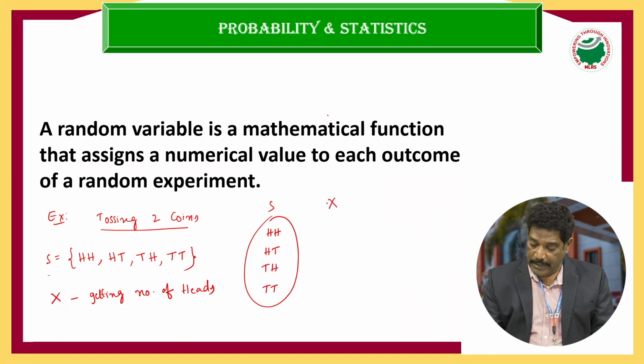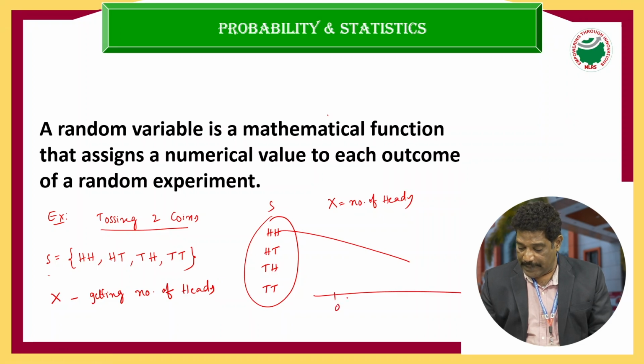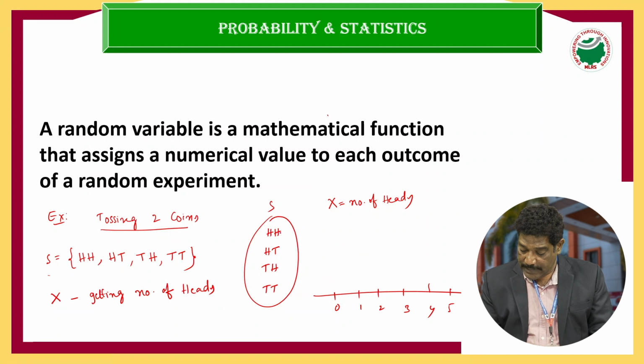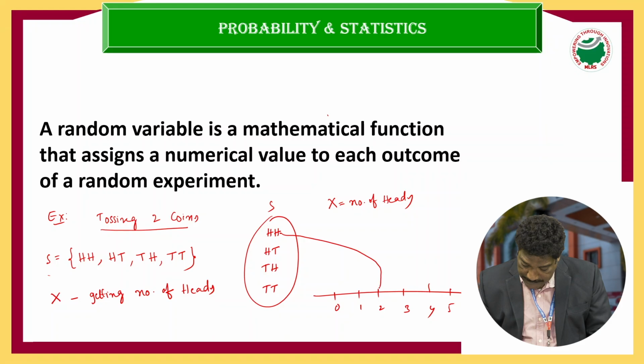So what is our random variable? X. What is X? Number of heads, right? In the event HH, how many heads are there? Two heads. So this maps to some number like 0, 1, 2, 3, and so on. HH maps to 2.